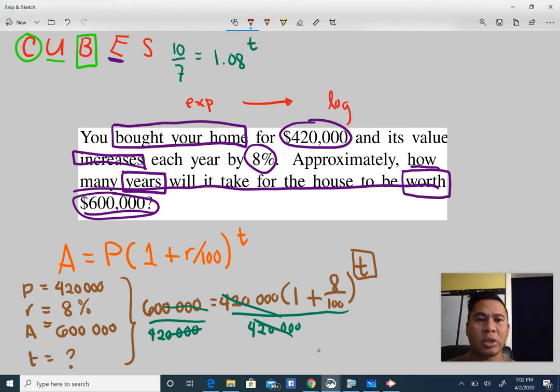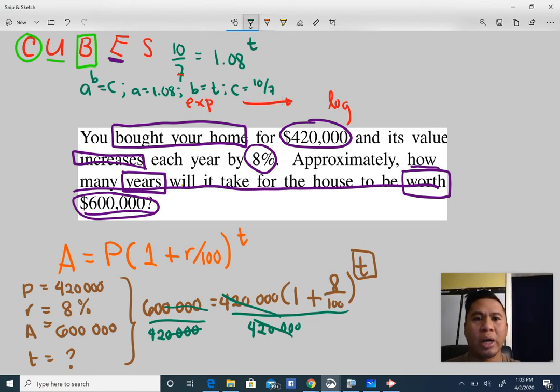I can write this as a to the b equals c, where my a is 1.08, my b is t, and my c is 10 over 7.